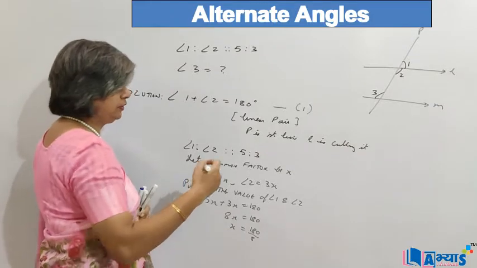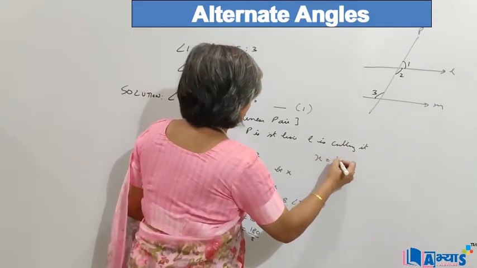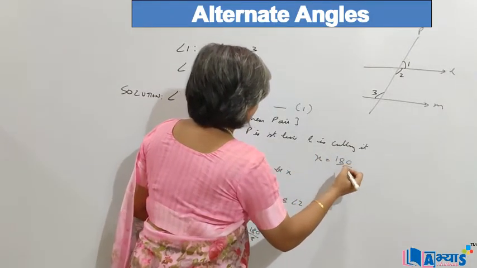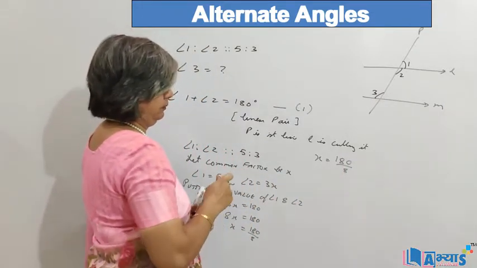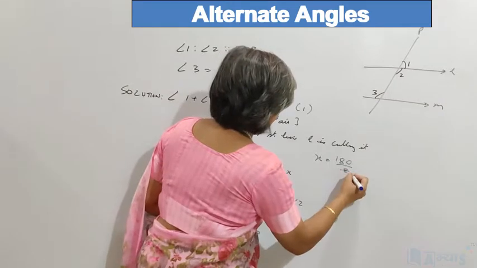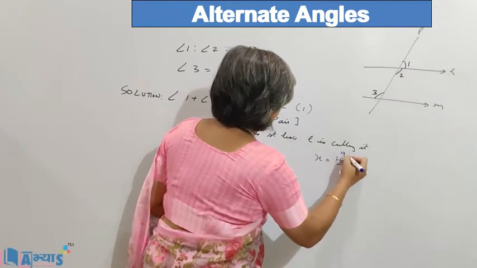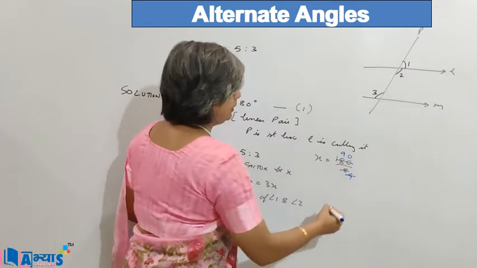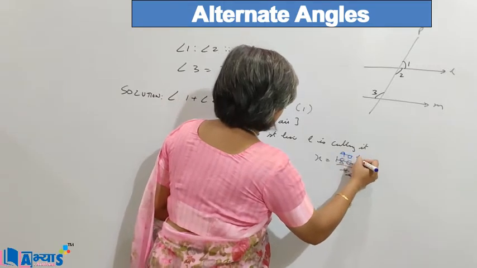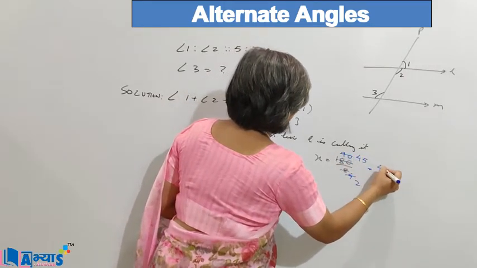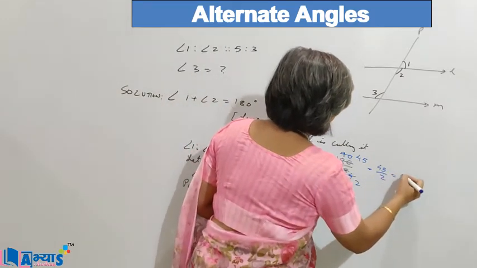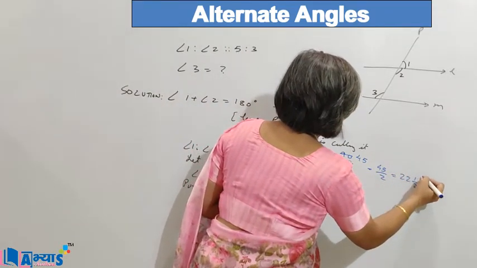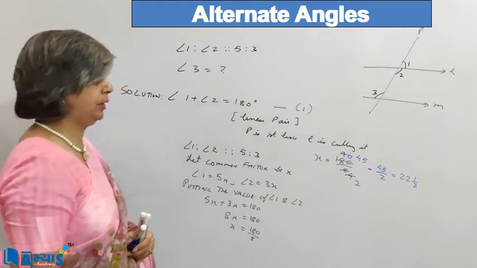If we divide by 2, we get 90 upon 4. Again, when we divide by 2, we get 45 upon 2. Further, it will be equal to 22 and a half. Now x is equal to 22 and a half.